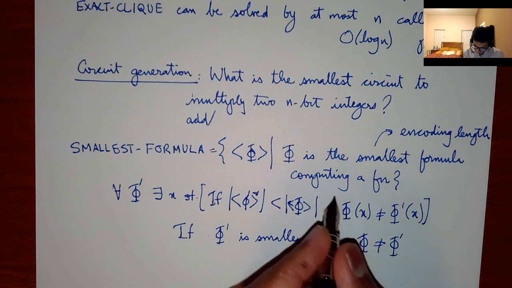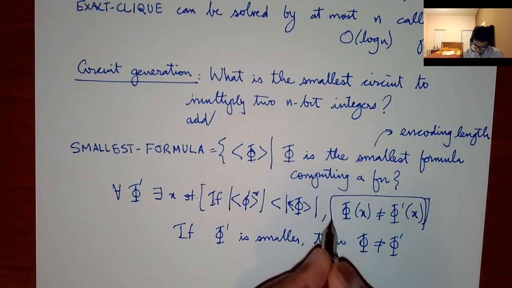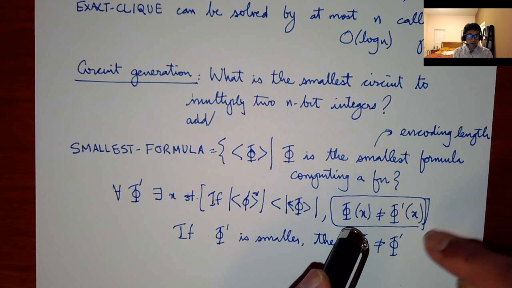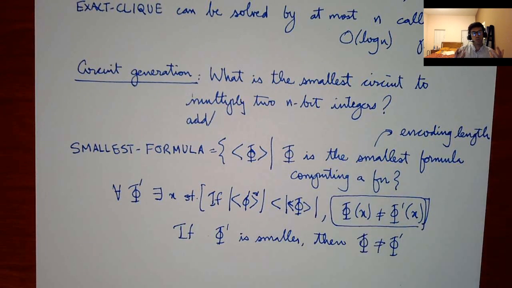This by itself is like a formula. Like once you fix phi and phi prime, this itself is a formula. So even if you could solve SAT, SAT could solve this for you. Given two formulas, you can say, are they the same or not? Right? And SAT can solve that. Does there exist an input where they differ? But even if you could solve SAT, like how do you go over all possible circuits or all possible formulas?